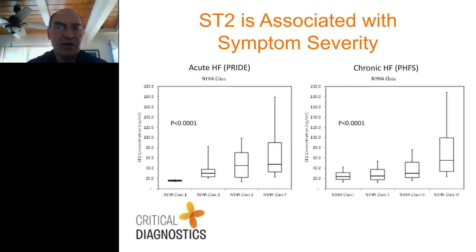Same profile of association with symptom severity, higher concentrations in acute heart failure, so worse symptoms and worse disease, you get higher concentrations, but you get the trend in both acute heart failure, which are hospitalized patients, as well as in chronic heart failure, which these patients are not hospitalized. This is a community cohort of patients that are being treated as outpatients with what is perceived as stable heart failure.